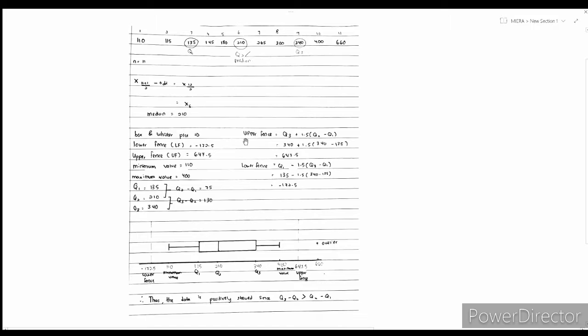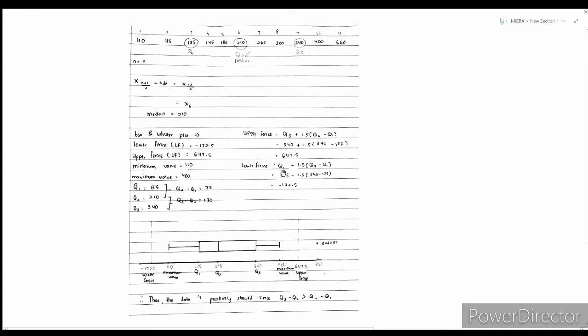To find the upper fence, we use the formula third quartile plus 1.5 in bracket third quartile minus first quartile. After we calculate 340 plus 1.5 in bracket 340 minus 135, the answer is 647.5.